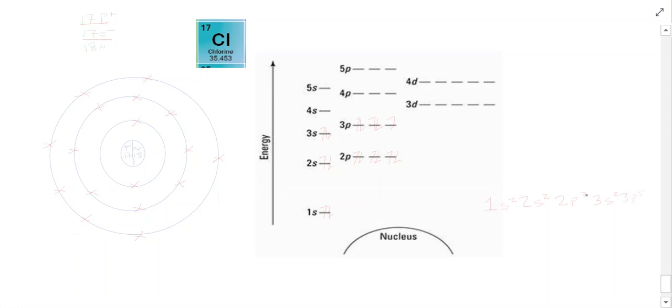So this represents neutral chlorine. So these are the 3 ways that you can look at a neutral atom of chlorine.